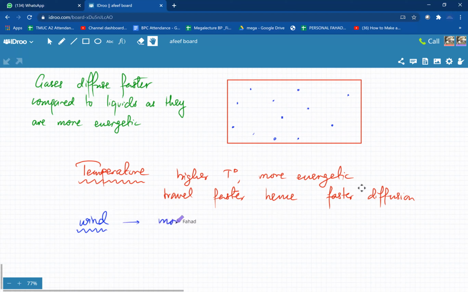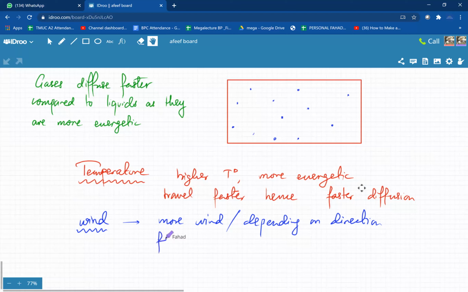More wind, and it depends on direction as well, because if it's blowing in the opposite direction, you won't be able to smell it. For example, hunters take a lot of care about the direction of the wind so that the animals cannot smell them. So more wind, depending on direction.